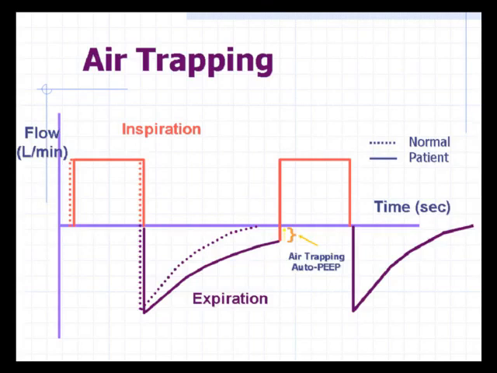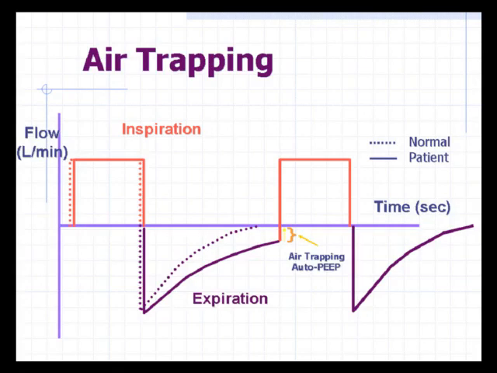What happens is you get a breath in, that's that inspiration side in red, and then the patient breathes out, and eventually they hit this zero line where there's no more flow. And that means they've expired as completely as they could. And you can see they hit that zero line, and then there's some time before the next breath. And that shows that they've completed their expiration before their next inspiration.